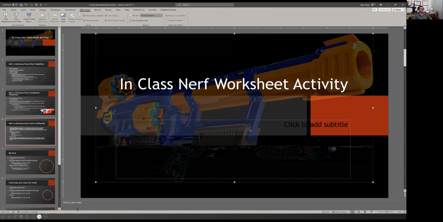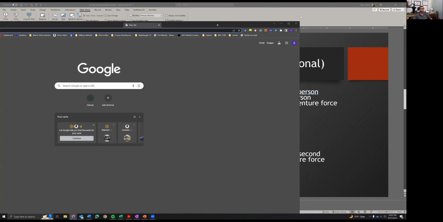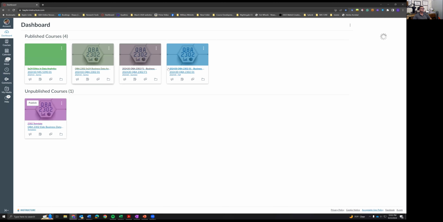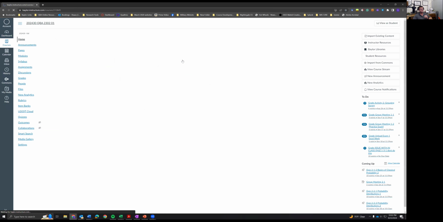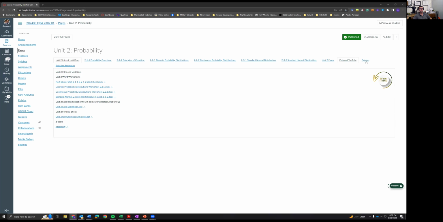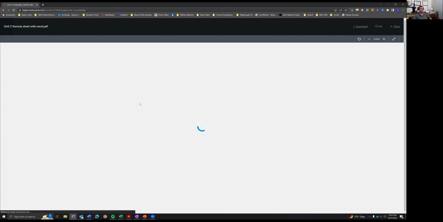So I'm going to show you your formula sheet really quick. Let's see here. I'm going to pull this up. Dashboard. So let's go to your formula sheet, Unit 2, Printable resources, Unit 2 formula sheet.